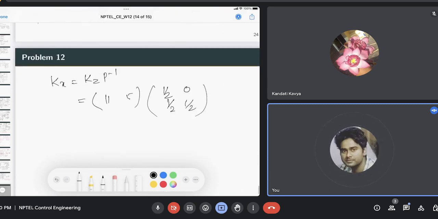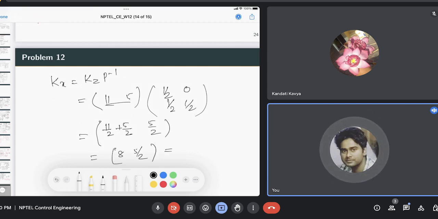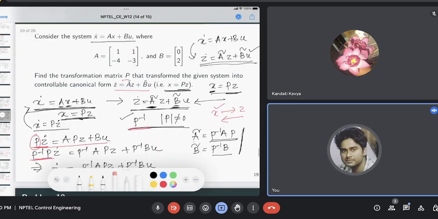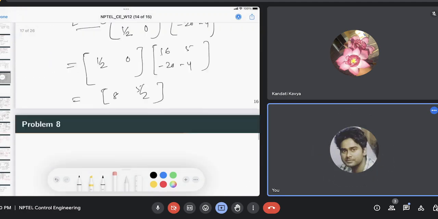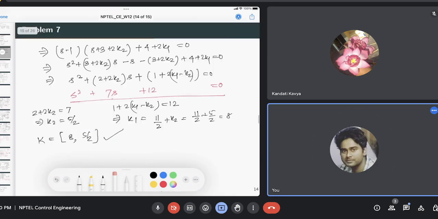So multiplying, 11 by half plus 5 by half, this is 8, and 5 by half. So this is what we already obtained in the original design, as you can see here. We denote it Kx because we design in the x domain.